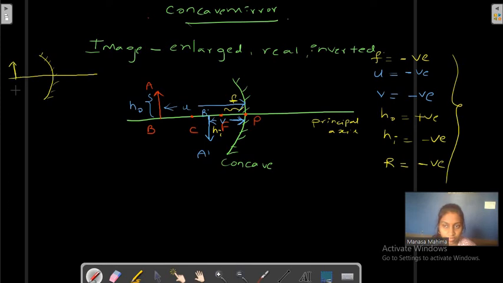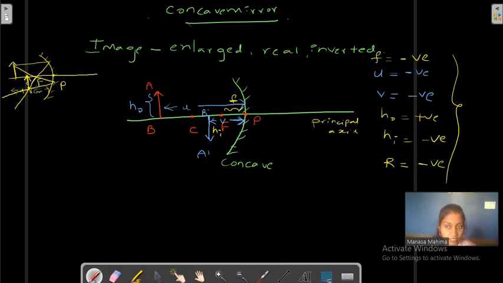Let me take U to be 6 centimeters away from the pole, and here I will take the center of curvature, focus and pole. What happens after reflection? I will see the image formed somewhere here. Let me take it at C. It is formed here.